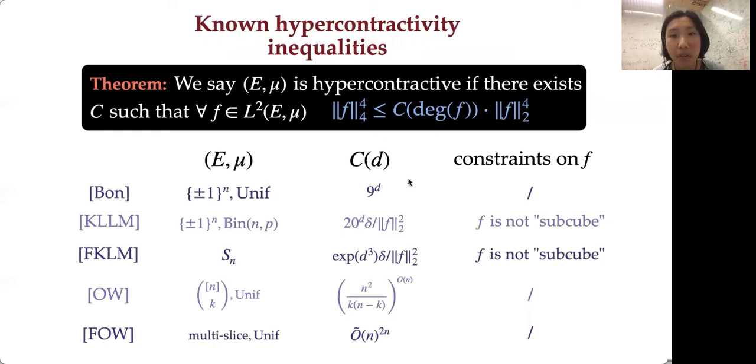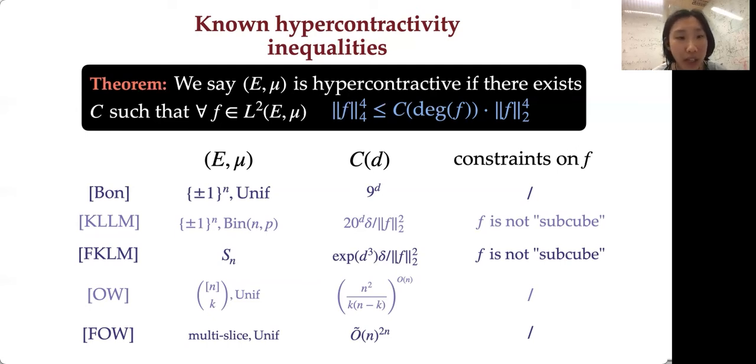So we try to convert them all into this specific formulation. There might be some loose steps that we take, so the C of D here doesn't reflect the optimal C of D function in these works.